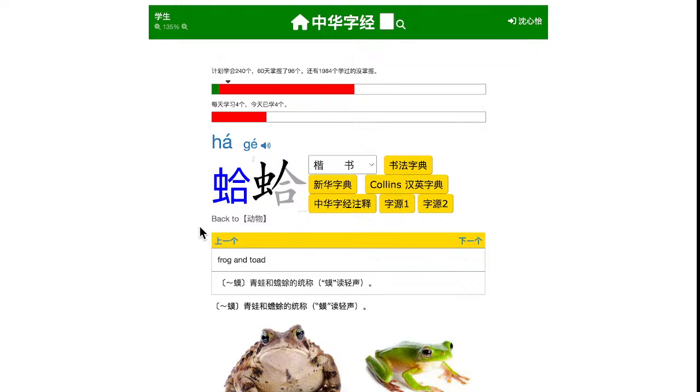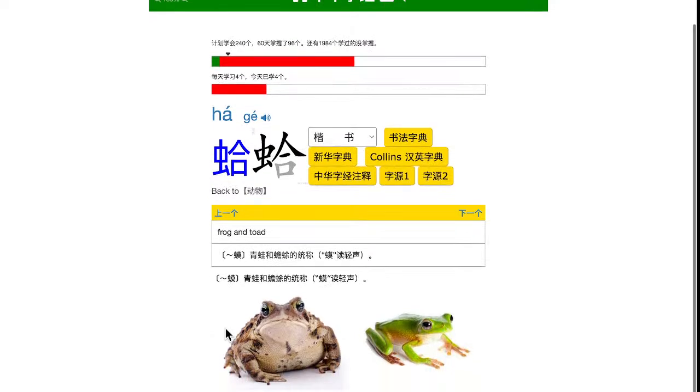Okay, the first one is 蛤蟆. 蛤蟆 means toad or frog. So the baby toad and frog, that's tadpole, we just learned, 蝌蚪, right? And then 蛤蟆 means the adult ones. Okay, 蛤蟆 is toad or frog.